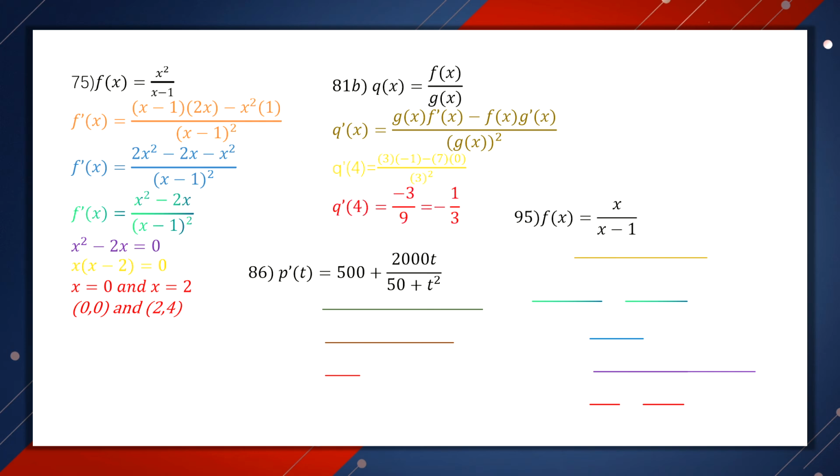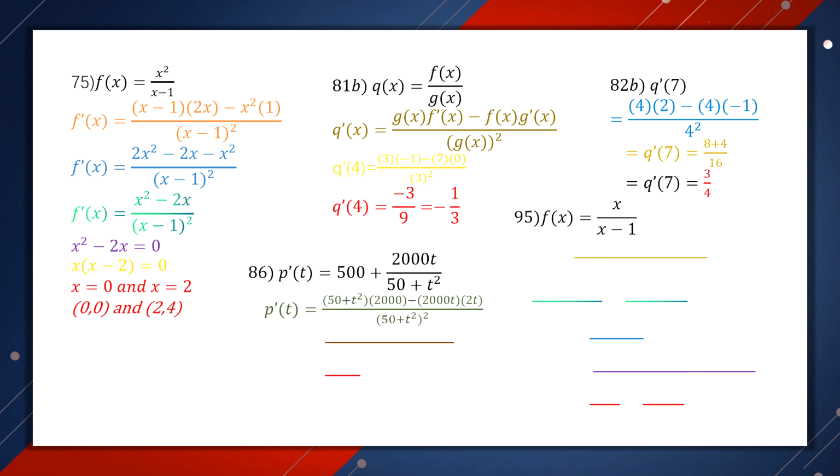So it becomes -1 over 3. And this is 82. It becomes 4 times 2 minus 4 times -1, and it finally becomes 3 over 4.